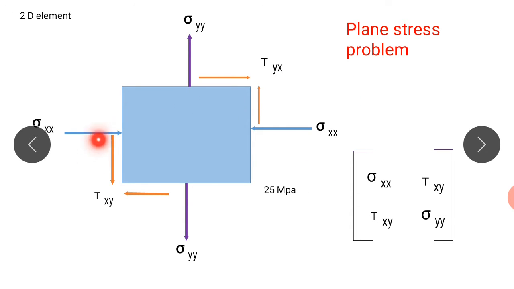So one thing here you should remember is that the stresses which are developed at the surface should be such that the moment formed due to the forces, for example here equal and opposite forces are acting. Okay, so here there should be an anti-clockwise moment due to these equal and opposite forces.